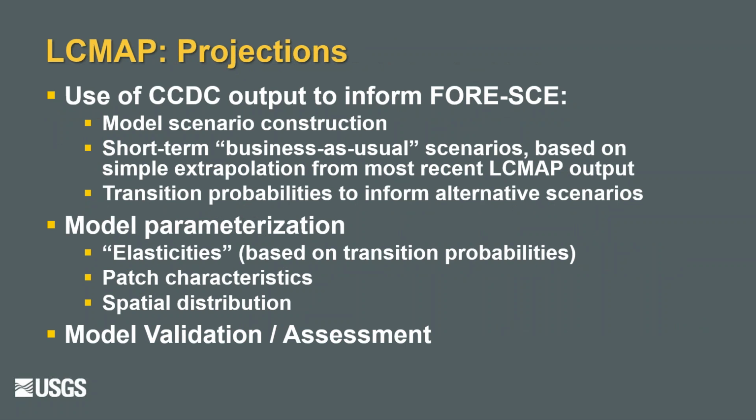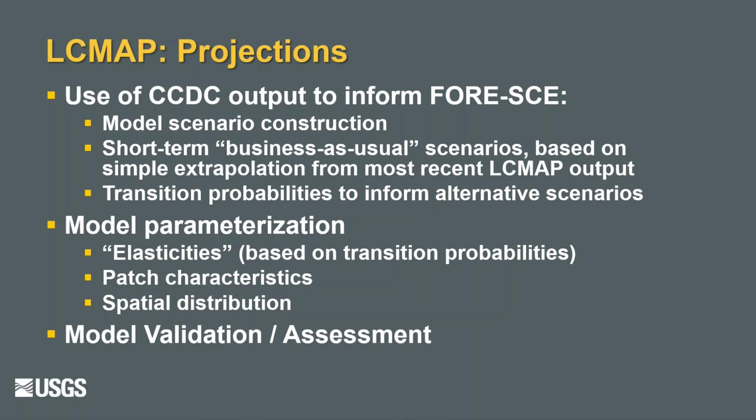LCMap projections, the P in LCMap, is the use of CCDC output to inform model projections of land cover into the future and backcasting into the past.